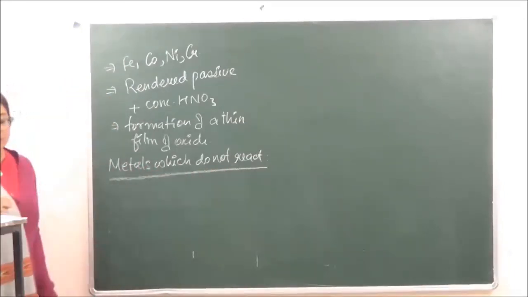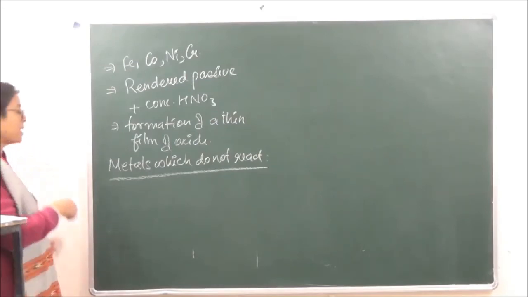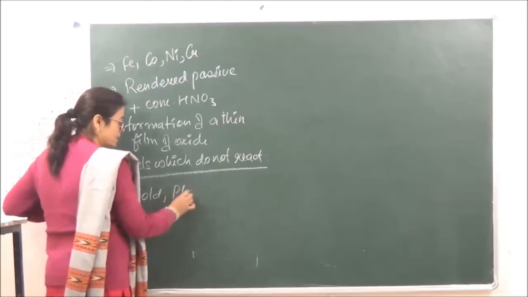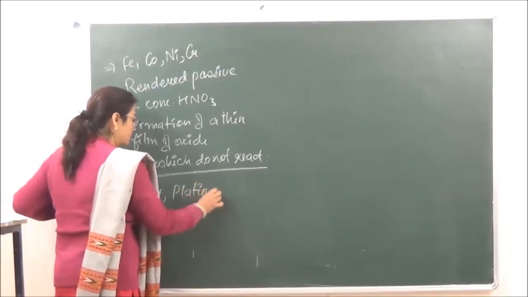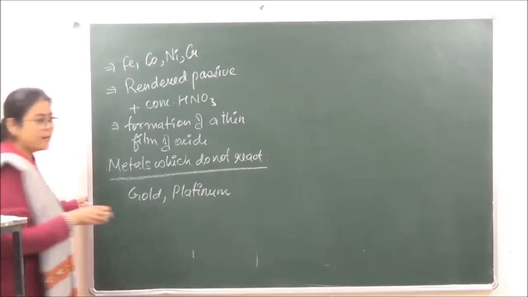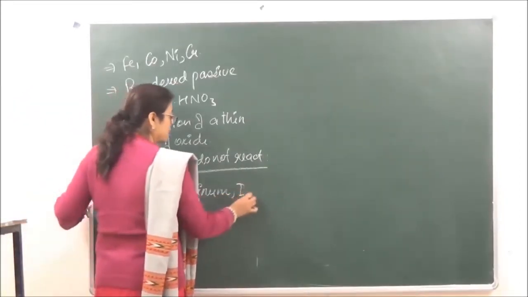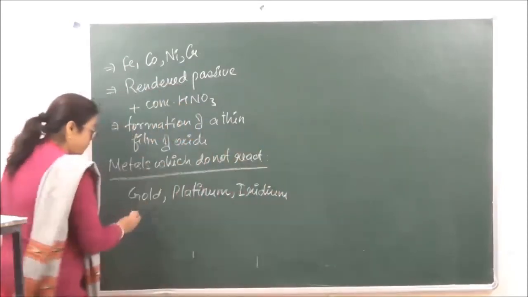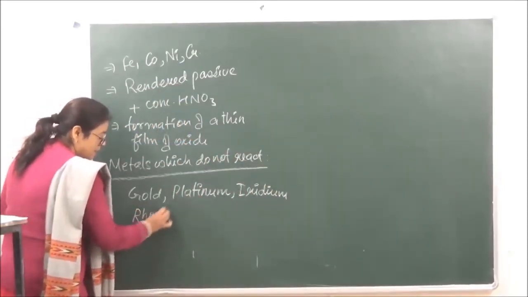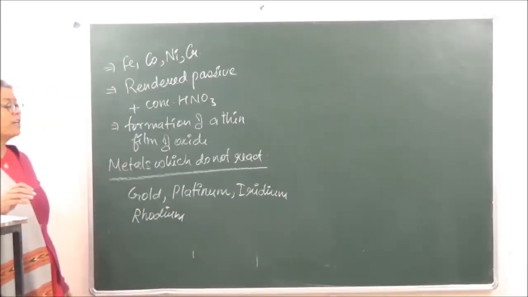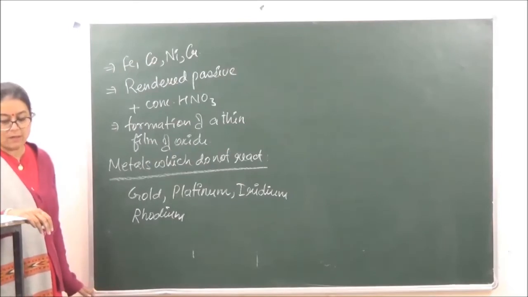Then metals which do not react: what are the metals which are not going to react? Metals which do not react are the noble metals: gold, platinum, iridium, rhodium. All these metals are not going to react with acids, right?